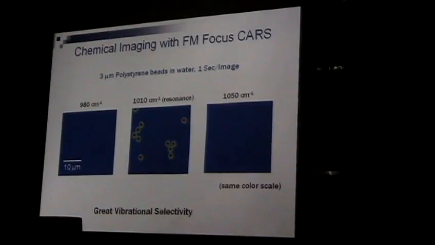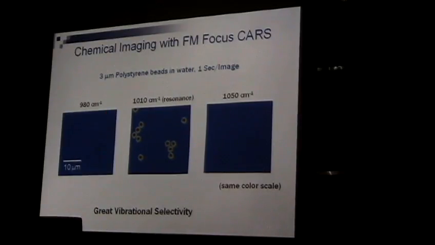So we just tested with the polystyrene beads again. You realize our image is much better. The same thing basically, the 3 micron one, and if I tune to 1010, it looks like this. One benefit here, as I talked about yesterday, is that we remove laser fluctuation, because you are switching very fast. So you can get this. Now, if I tune just a little bit off, like 980, basically it's gone.